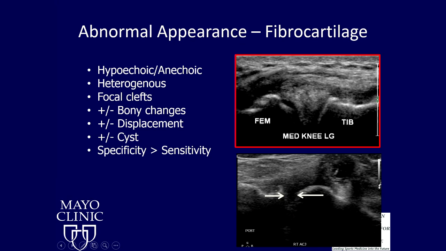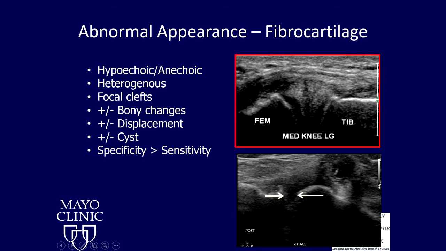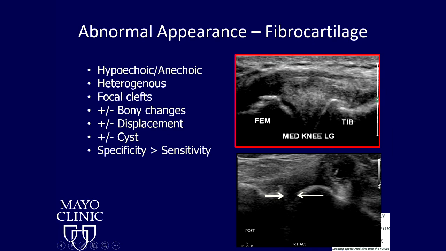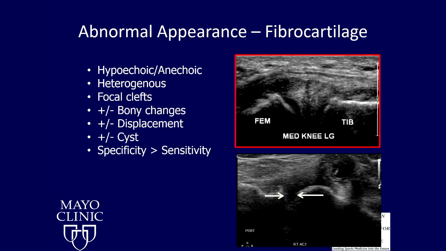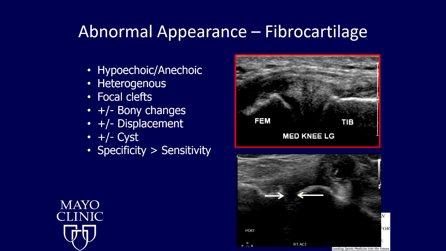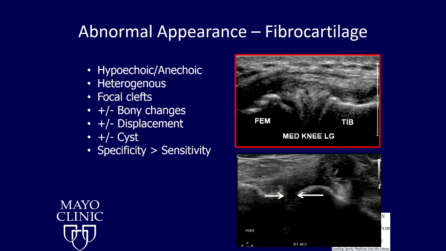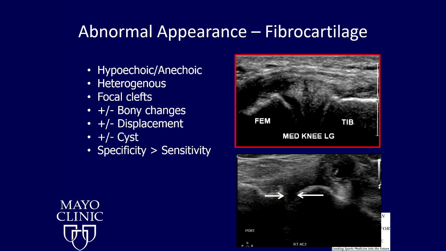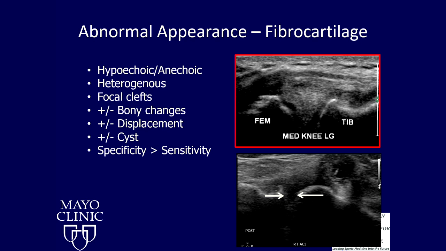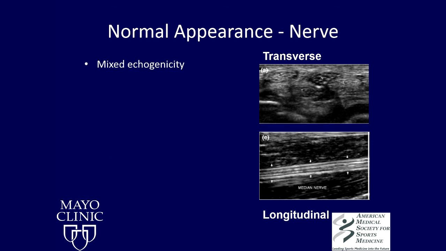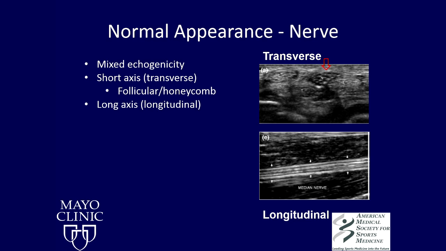So while ultrasound can see these fibrocartilaginous structures, it can't usually evaluate the entire thing, and so when you see pathology, you definitely see it, so it has high specificity, but since you cannot look at the entire structure, it has lower sensitivity. Nerves are mixed echogenicity, and in the short axis, they have a fascicular or honeycomb type of appearance, or often called follicular, sorry, not fascicular, but follicular.